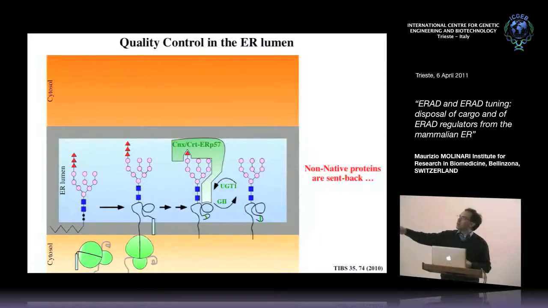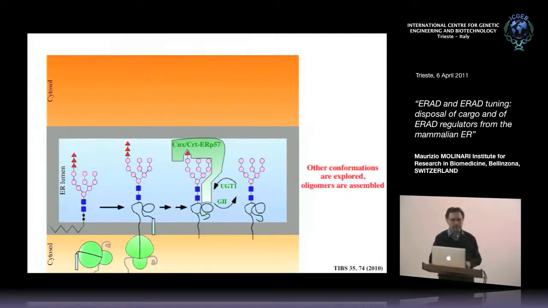So UGT will constantly put back a glucose residue and recall the protein in the chaperone machinery. Then the glucosidase 2 will remove the sugar, release it, it's not native, UGT1 understands it's not native, puts back again. So this could go on forever.